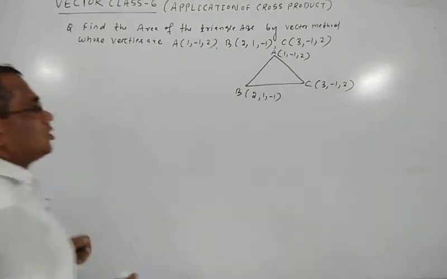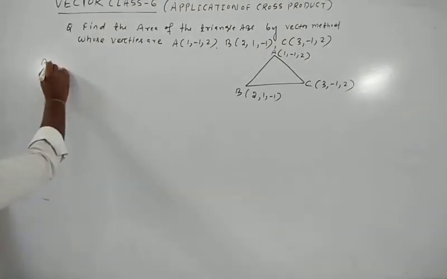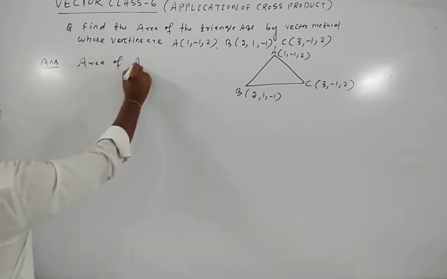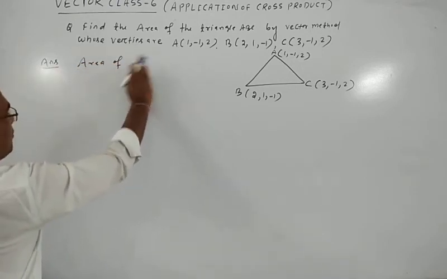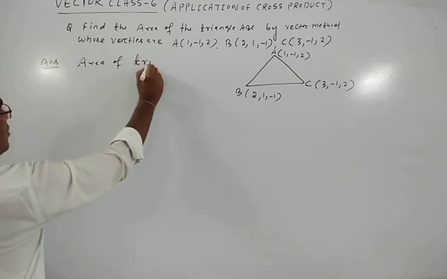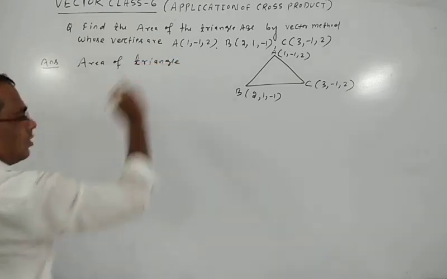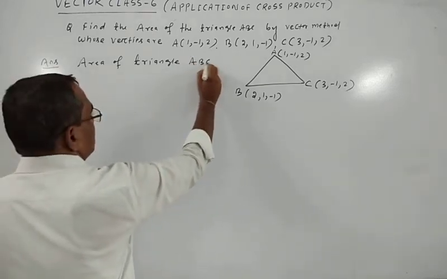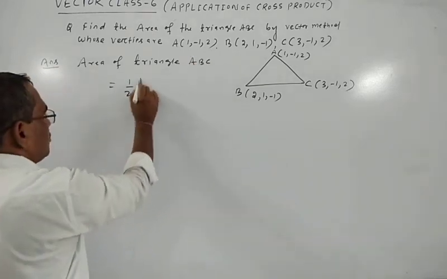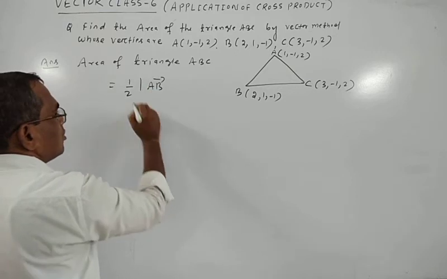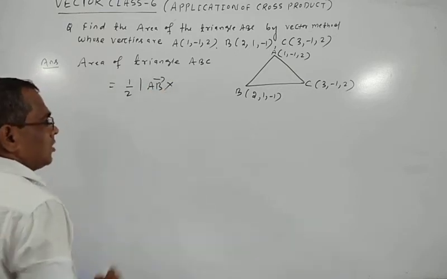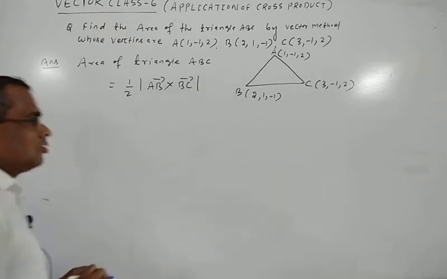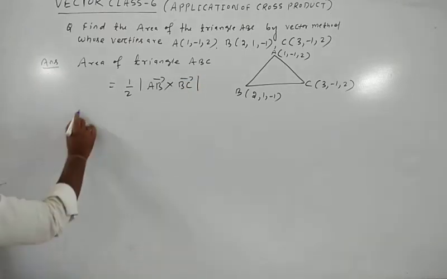Okay, so you know the area of a triangle ABC is equal to half into magnitude of AB vector cross AC vector, or AB vector cross BC vector. So first we find AB vector.